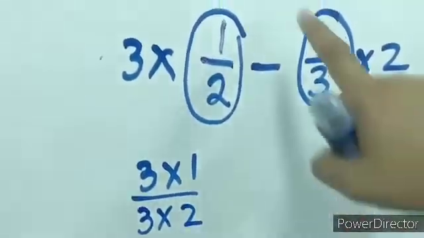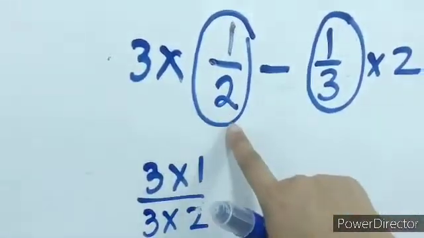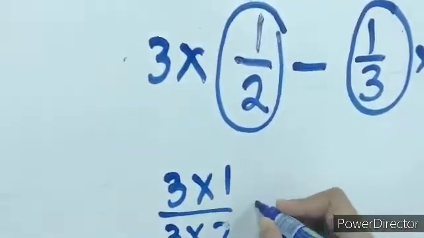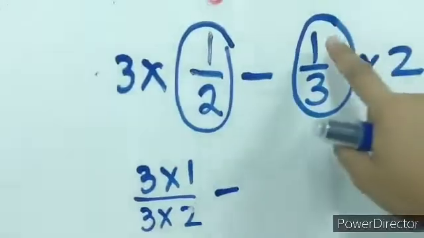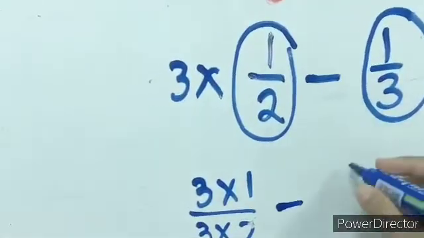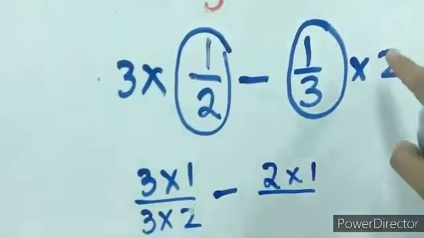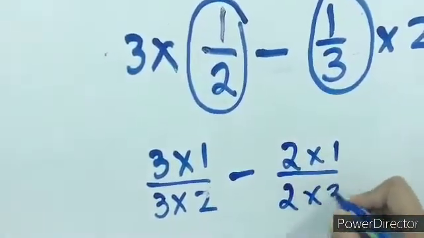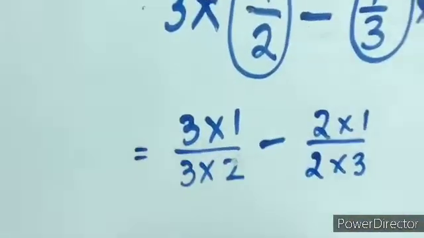Then you will put the subtraction sign. Now see this. Here, 2 multiplied by 1, and 2 multiplied by 3. Now put the equal to sign also.